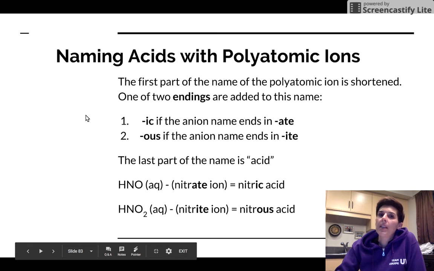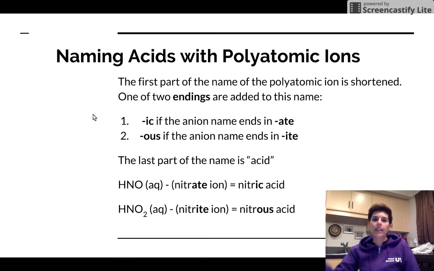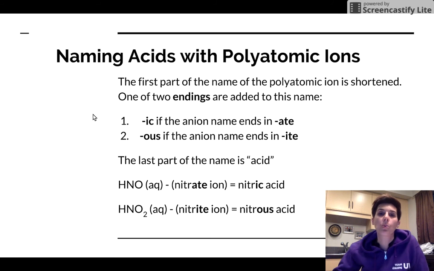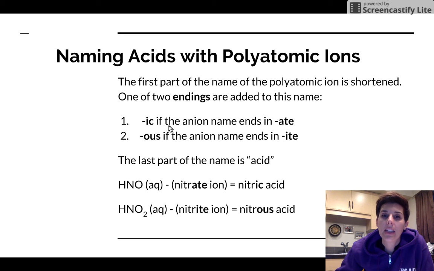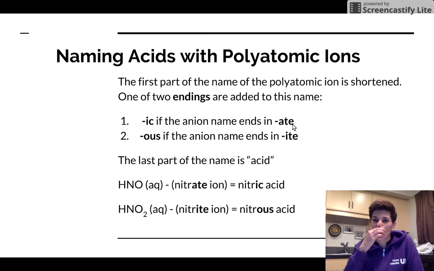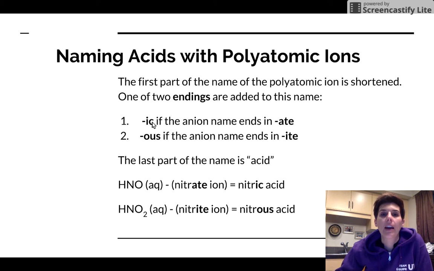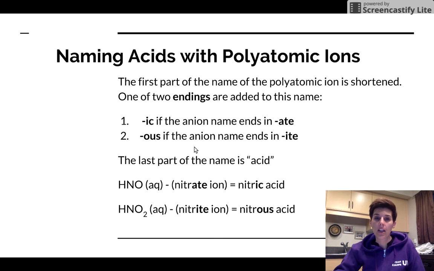Now, what happens when we name an acid with a polyatomic ion? There's two different endings that we're going to look for. The first one is we're going to add an IC if the anion name ends in ATE. So if I have phosphate, I'm going to make it become phosphoric. If I have something that ends in ITE of the polyatomic ion, I'm just going to change the ending to OUS.